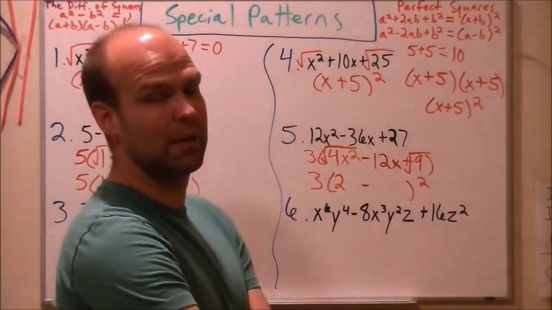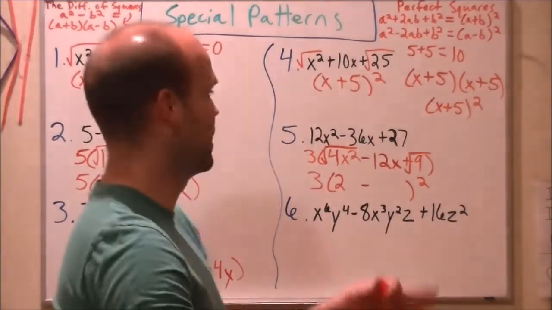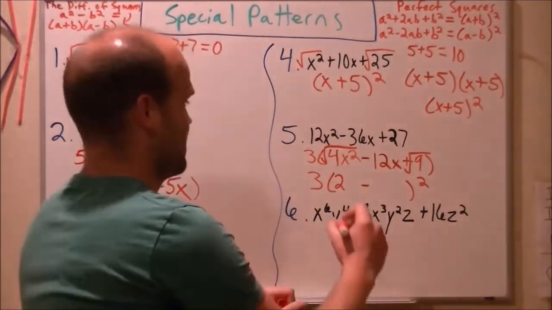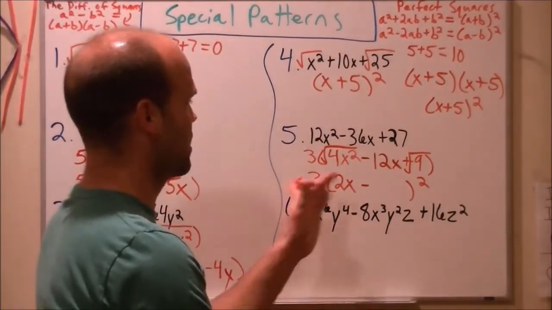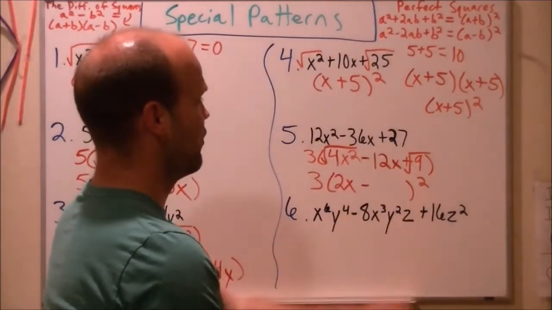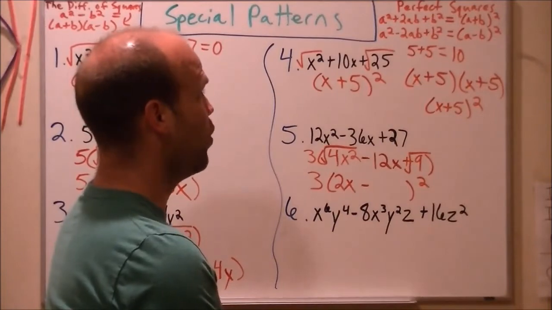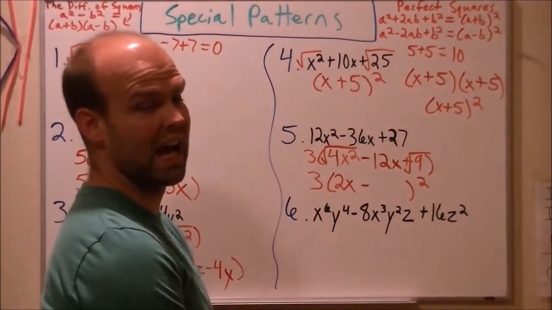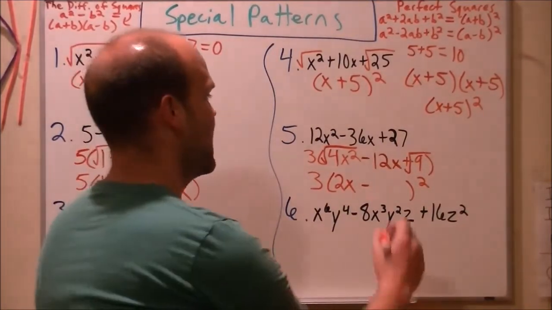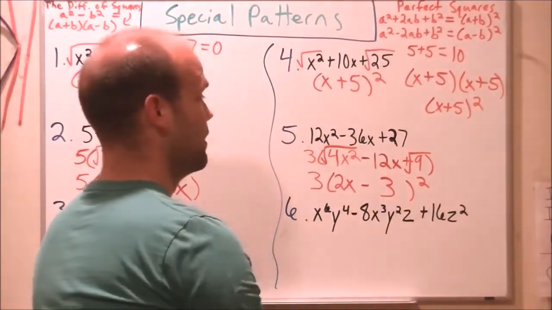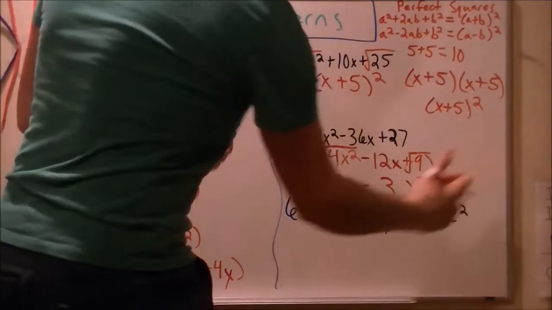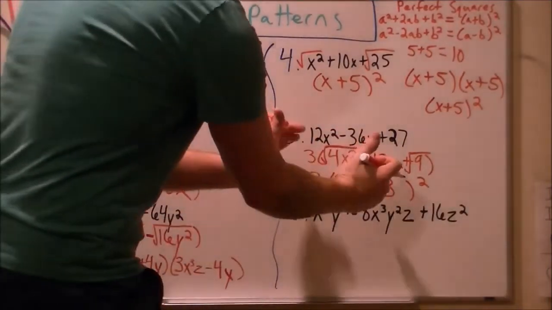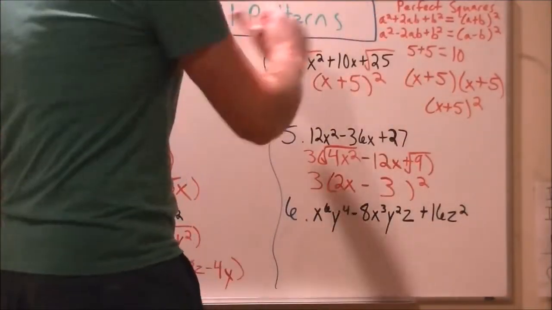What's 2 divided by 2? 1, or in other words, it's just going to be x. So 2x is my first term when I take the square root of it. For my last term, what is the square root of 9? What times itself gets me to 9? 3. Isn't that awesome? And so you don't have to go through that whole long drawn out process where I have two terms here, two terms here, factor something out.